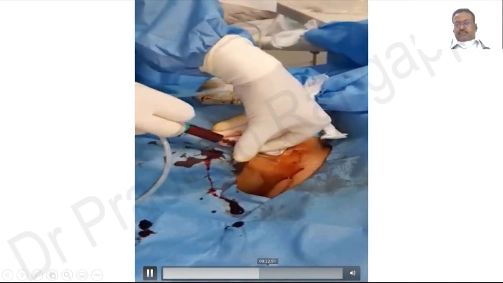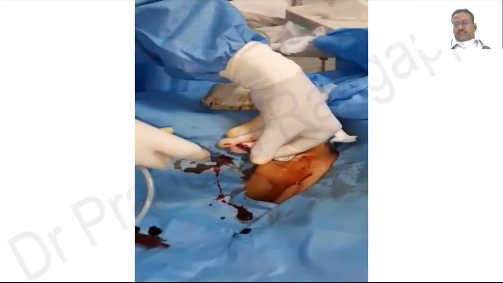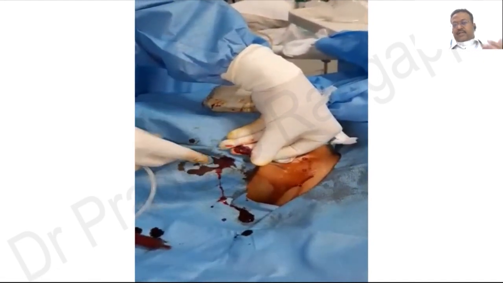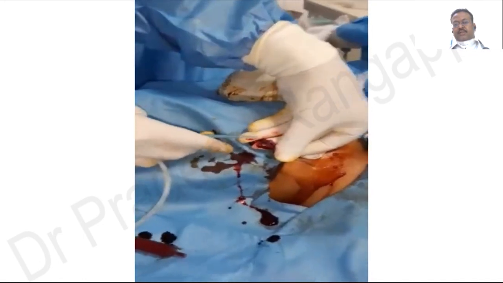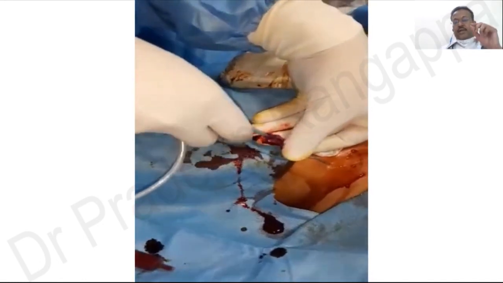If you can see the blood coming through. So the Seldinger technique is typically used. So there's a guide wire passed as you see the venous blood coming out.